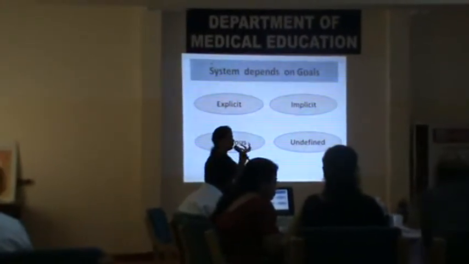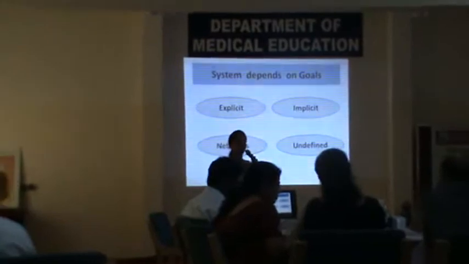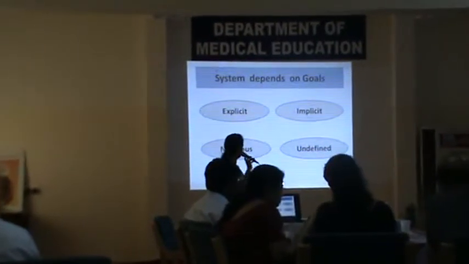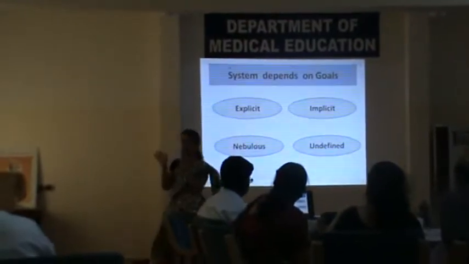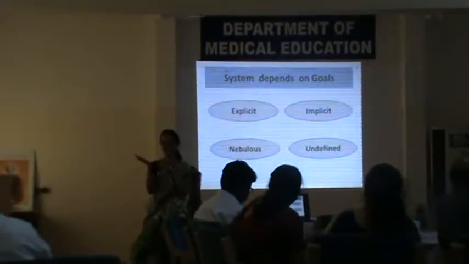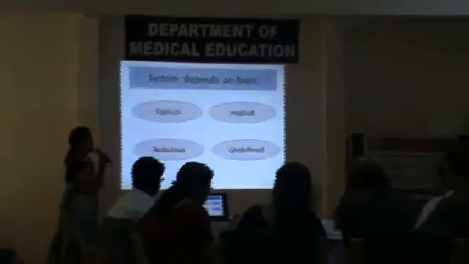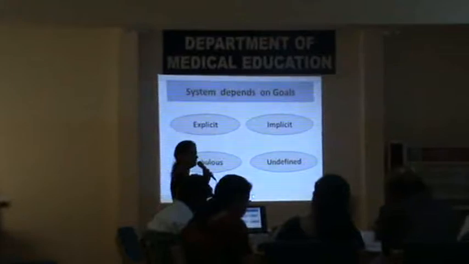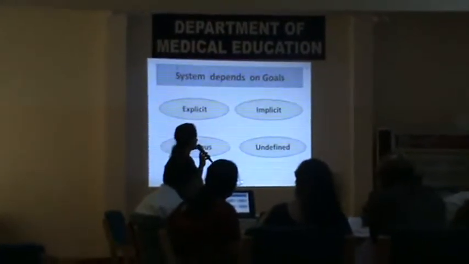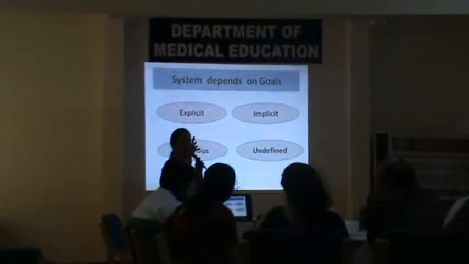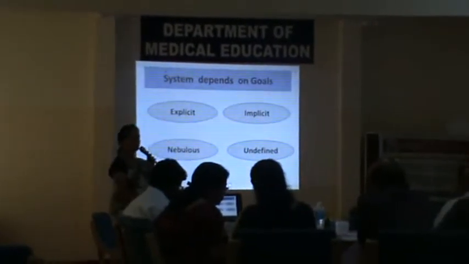If we do not define a goal, we don't know where to reach, what to do. Could it be nebulous? Hazy, cloudy, not clear? No. We cannot work with a goal that is nebulous or undefined. So how should our goal be? It should be explicit, not implicit also. Explicit. We should have very good goals.